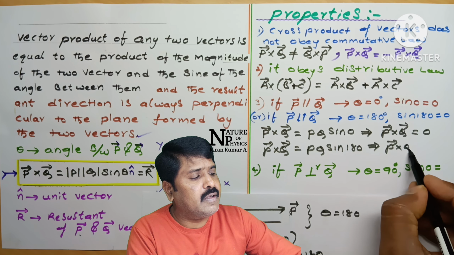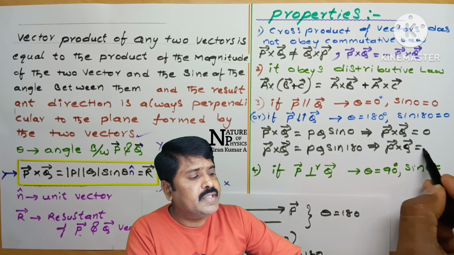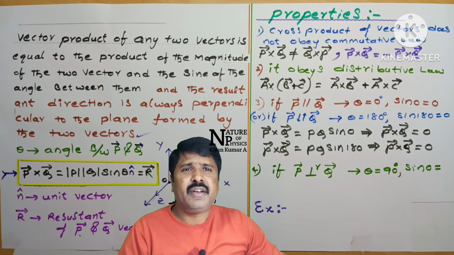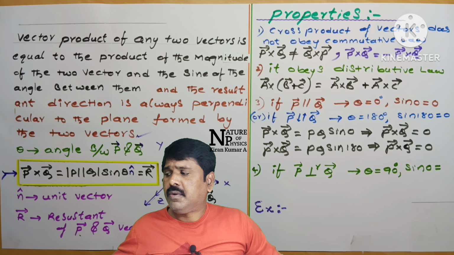Again we get the same result: P bar cross Q bar is equal to 0.